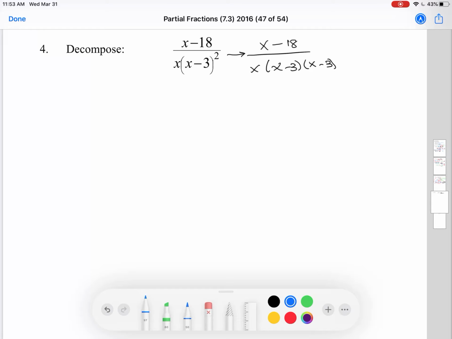And with 3 factors, that tells me that when I decompose my fraction, I'm going to want 3 separate fractions, simply because that denominator had 3 terms on it. So I'm going to have an a, b, and a c. And we'll talk about the new denominators here in just a second. All right, so 3 fractions simply because there were 3 separate factors in the denominator.